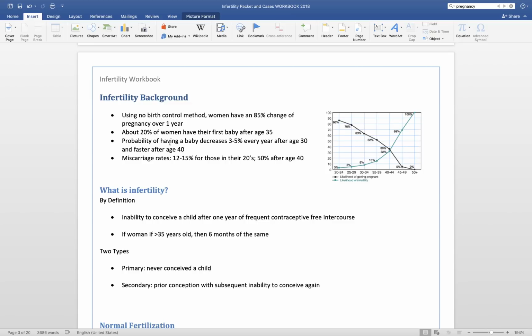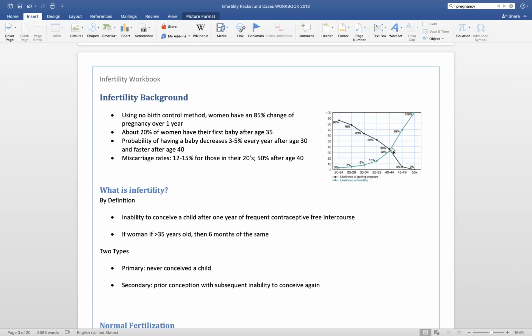As a woman ages, their ability to have a baby after the age of 35 is extremely decreased and decreases even faster after the age of 40. You can see that the line has a much steeper slope then. And miscarriage rates are much higher as women age as well.